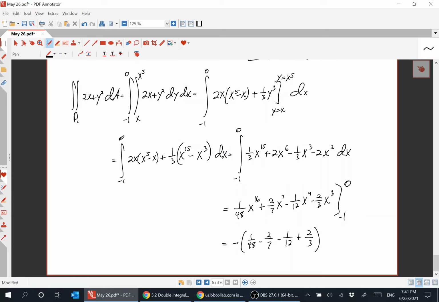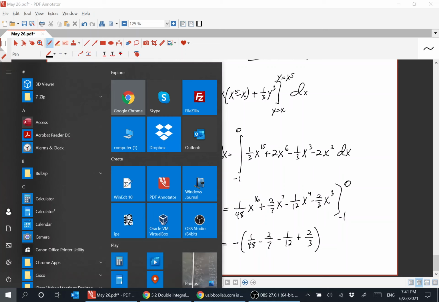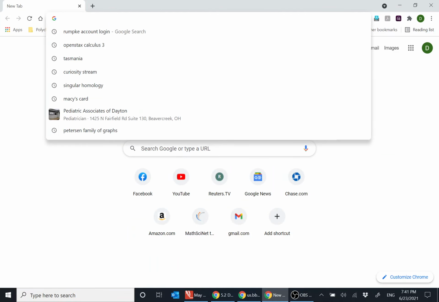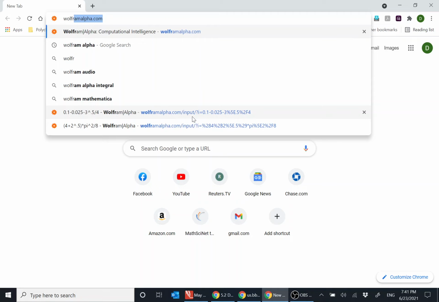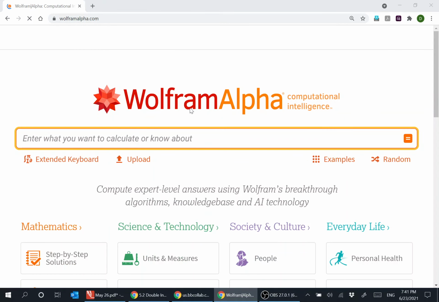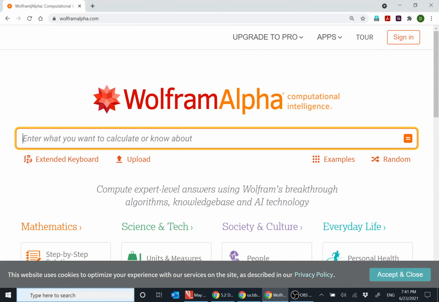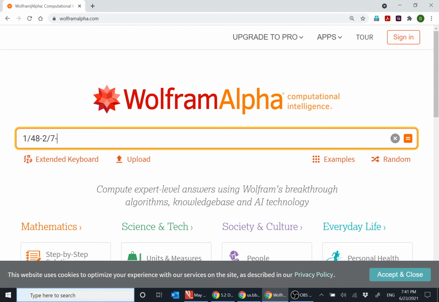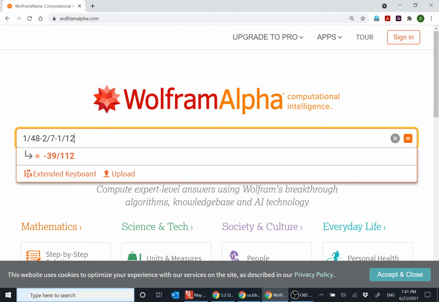Which is equal to 1 over 48 minus 2 over 7 minus 1 over 12 plus 2/3.